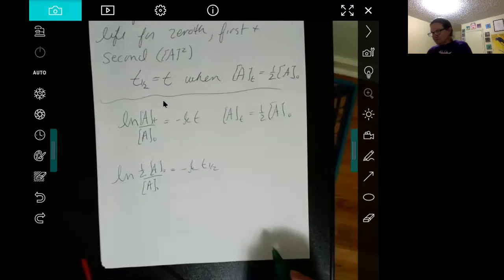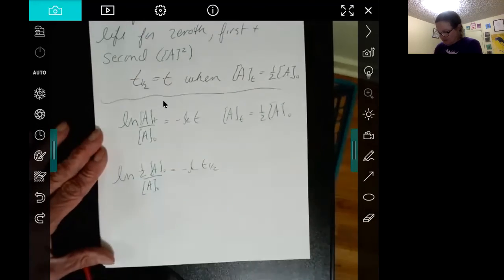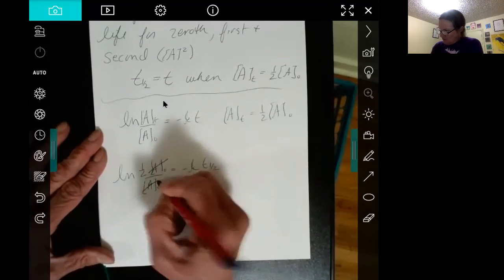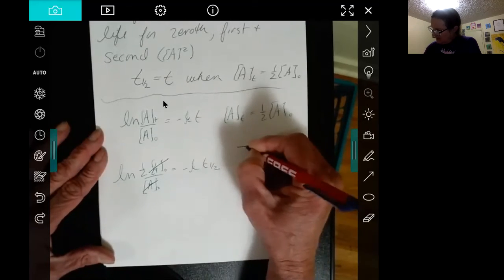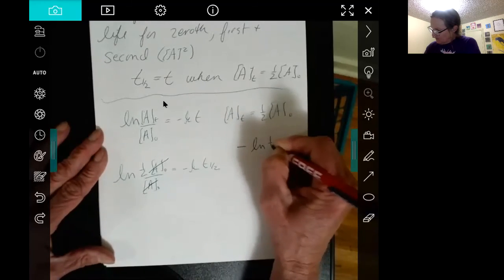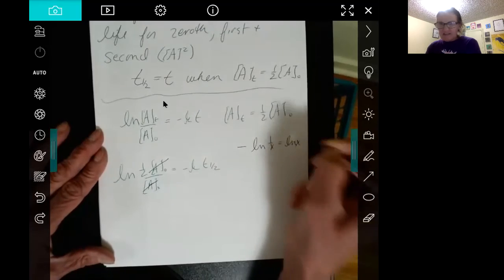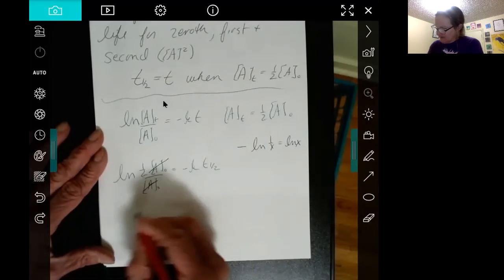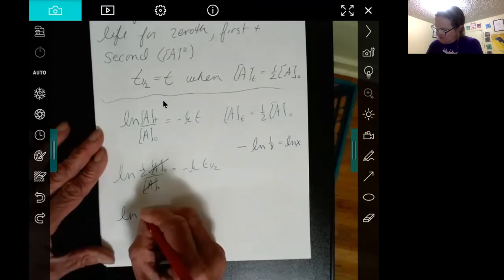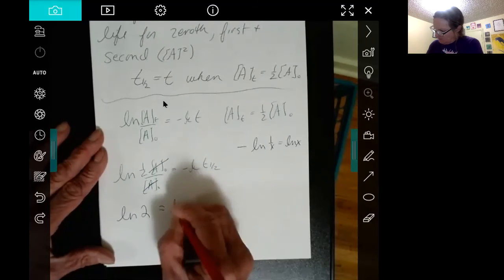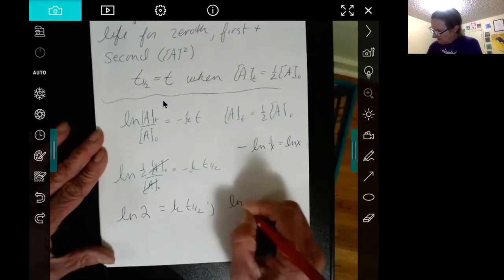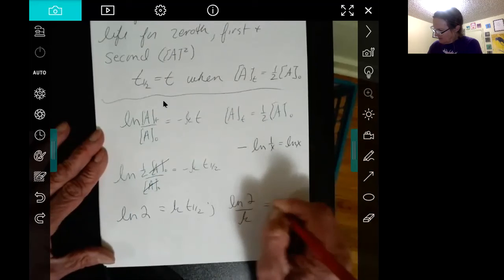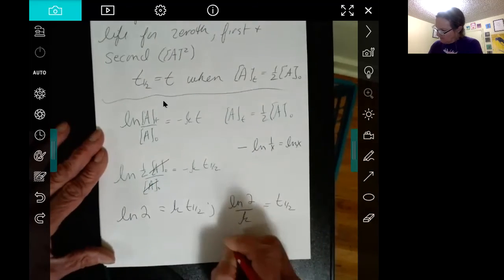And then those will cancel. And the negative, it's also true that negative of natural log of 1/x equals natural log of x. So if I cancel that negative, I change this into natural log of 2 equals kt 1/2, or natural log of 2 over k equals t 1/2 for first order.